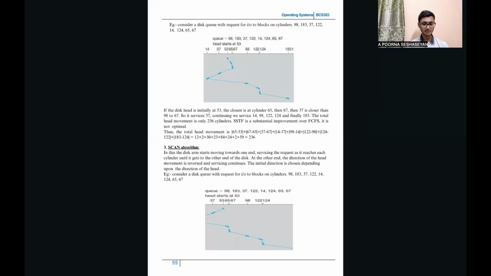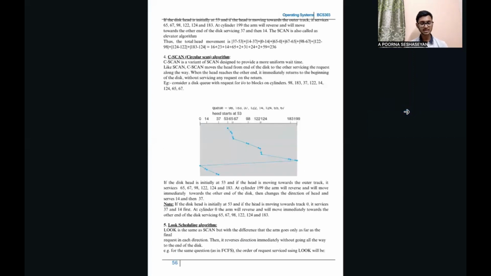You can see here, from 53 as the head pointer, it goes to 37, then 14, then touches 0, and from 0 it comes to 98, then 122, 124, 183. So this is how SCAN works: it will scan all the left side requests first and then come to the right side.